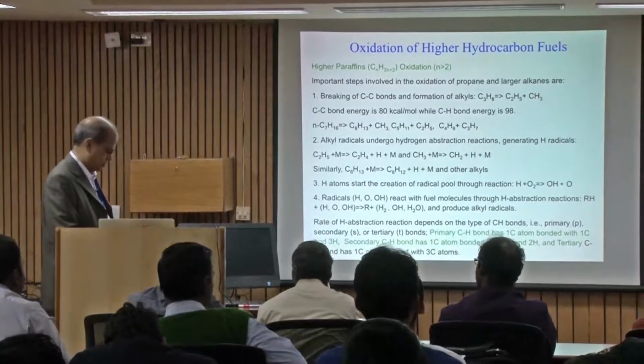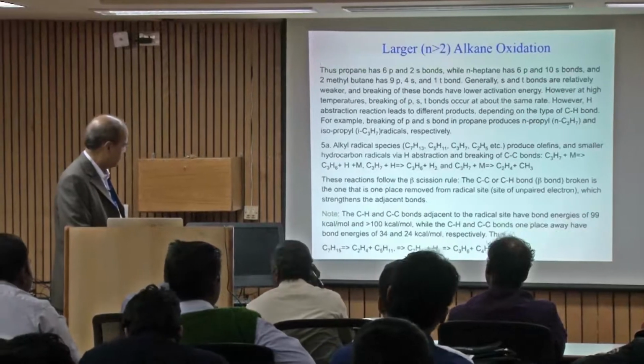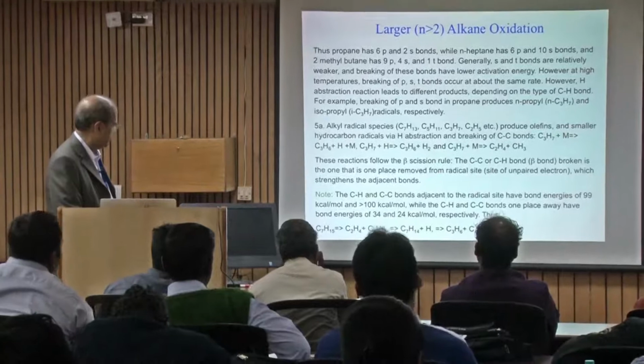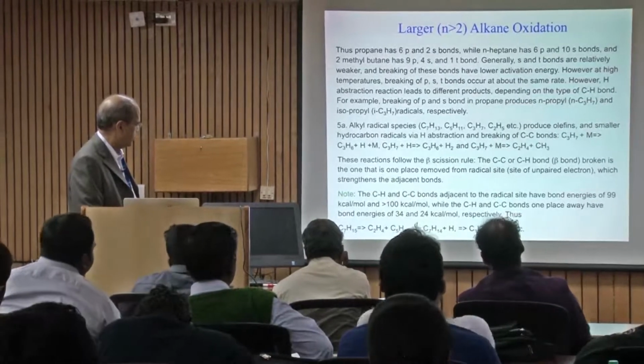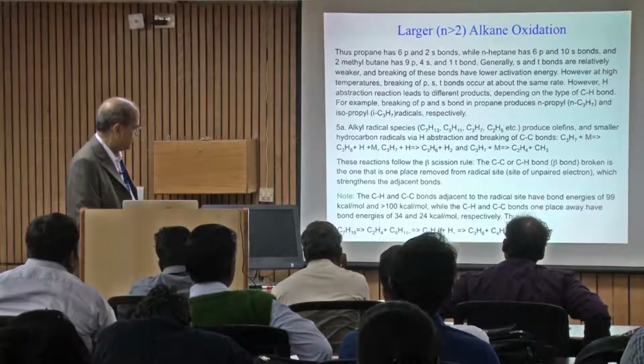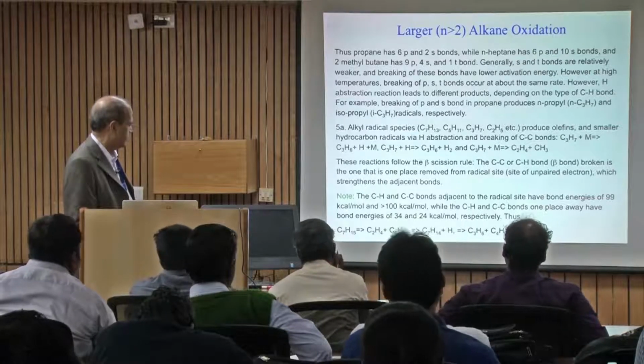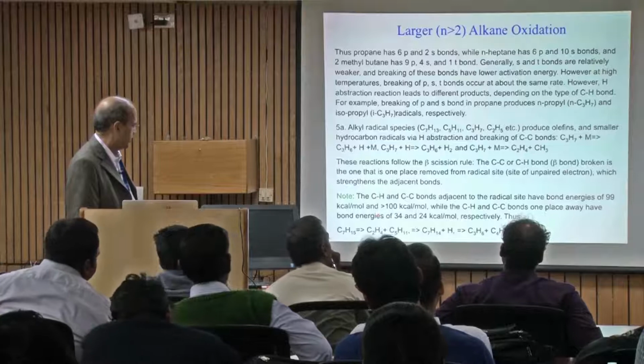So for the fifth step or the main step, the CH and CC bonds next to the radical site have higher bond energies. The other CH, CC bonds have lower bond energy.